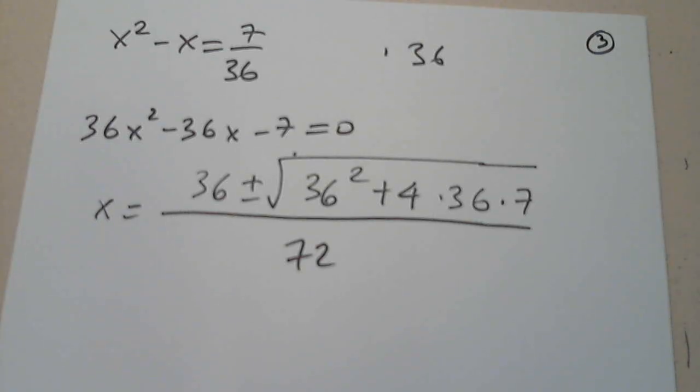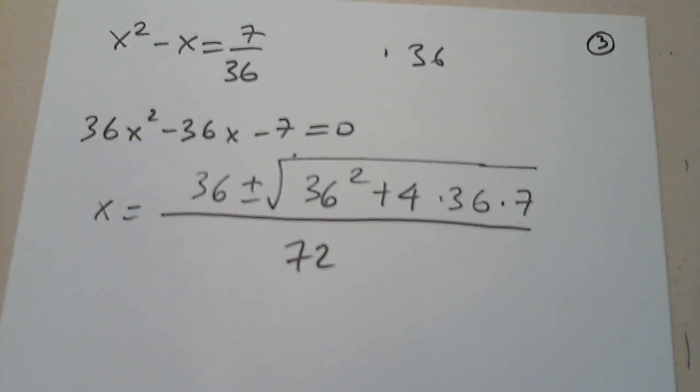Close the parenthesis, and go outside and close the parenthesis and divide by 72. Now, because this is an irrational number, you have to go back and just simply multiply 36. I'm sorry, plus 36.